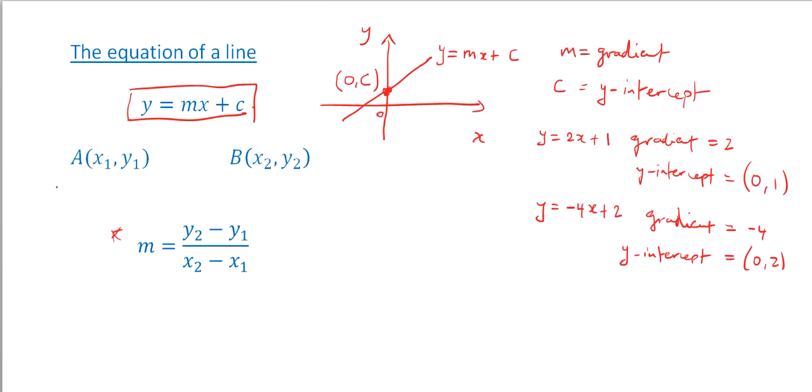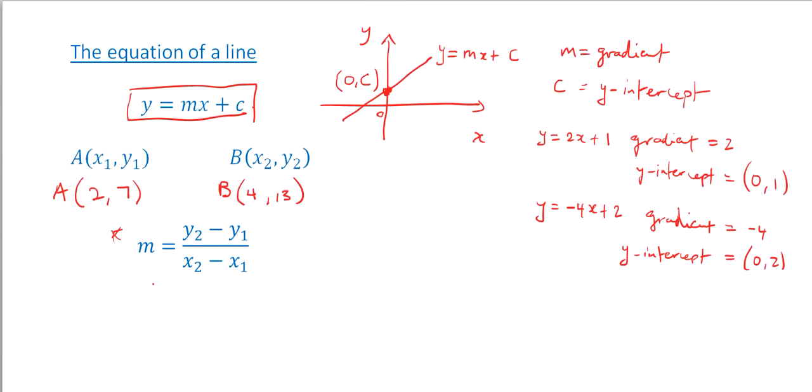So let's say A is 2, 7, and B is 4, 13, and we want to find the equation of the line AB.